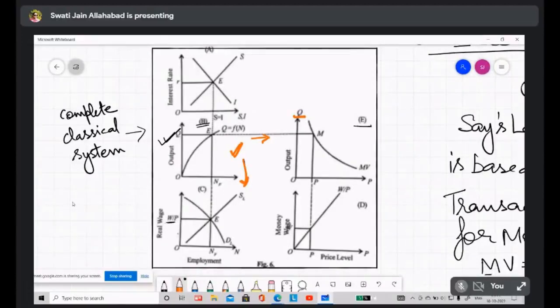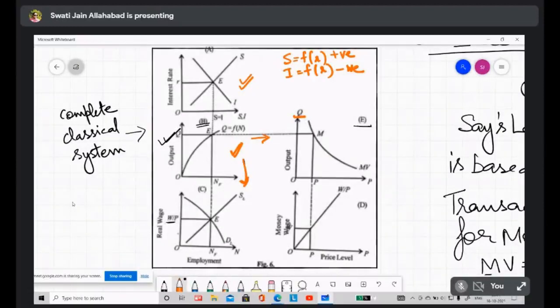Now this part is separate, because it is saying saving is a function of interest rate and investment is a function of interest rate. Here it is a positive relationship, here it is a negative relationship.